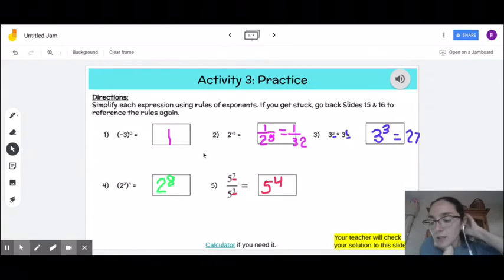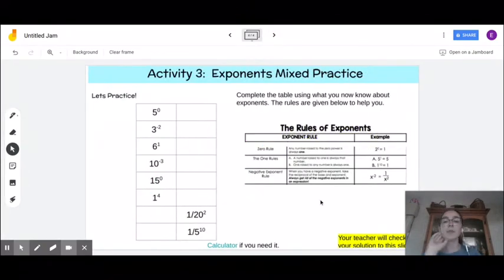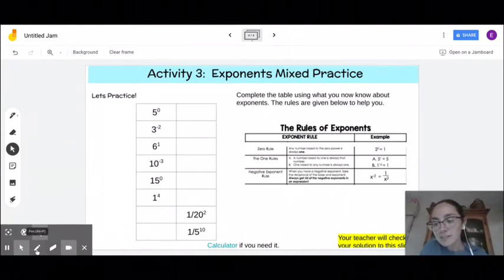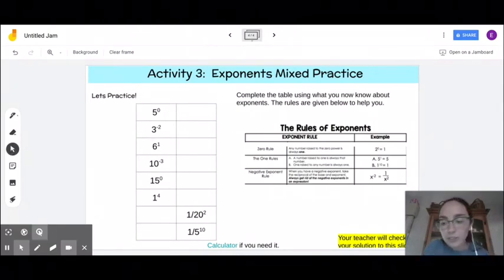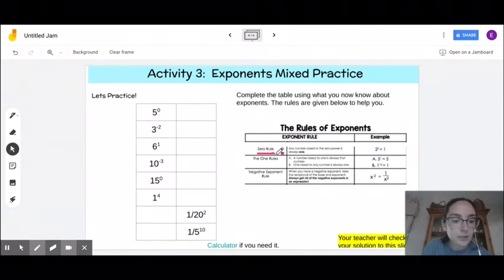If we now take a look at slide number 17, everything we need for that one is going to be in that same slide. So if we look here, we have 5 to the 0 power. Remember, looking at this table right here, the 0 rule: raising to the 0 is always going to be 1.